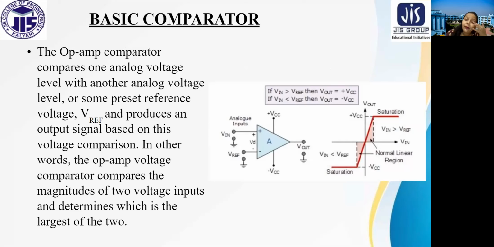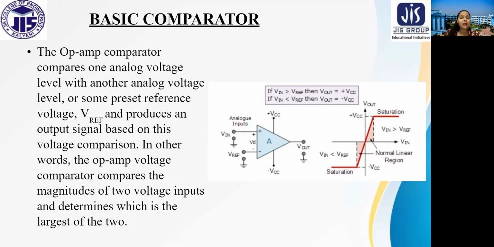The op-amp comparator compares one analog voltage level with another analog voltage level or some preset reference voltage, V reference, and produces an output signal based on this voltage comparison. In other words, the op-amp voltage comparator compares the magnitudes of two voltage inputs and determines which is the largest of the two.